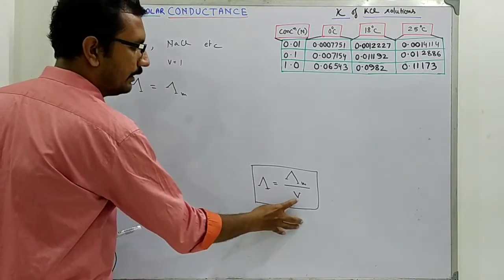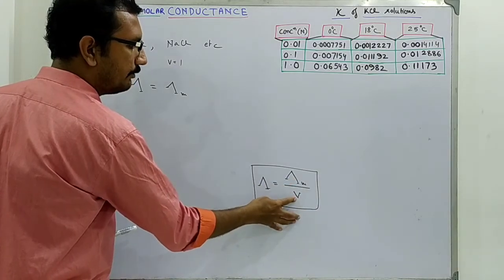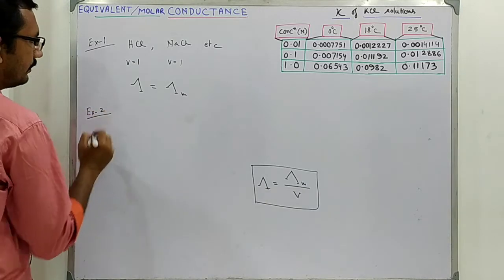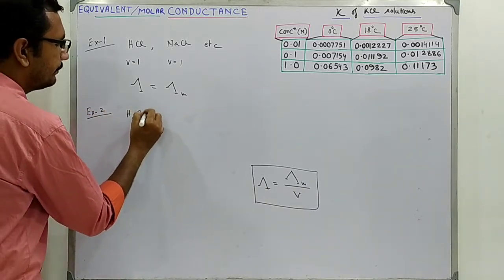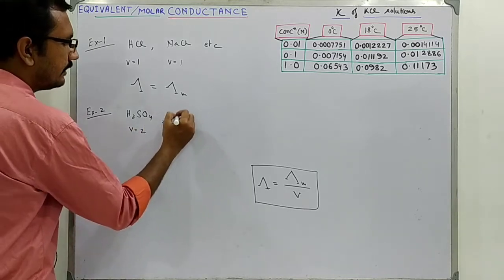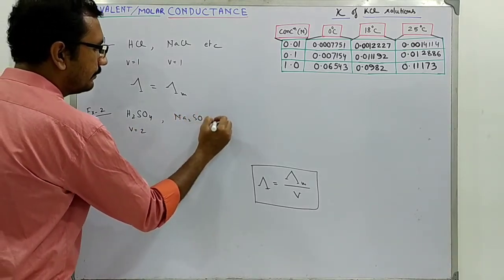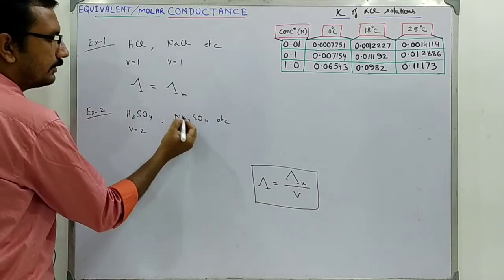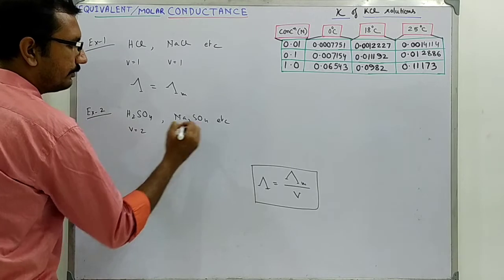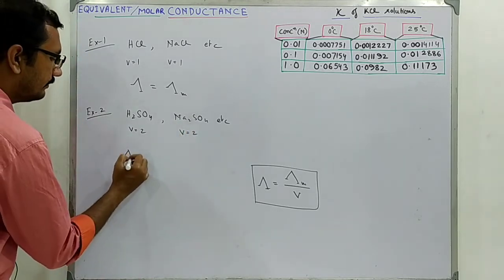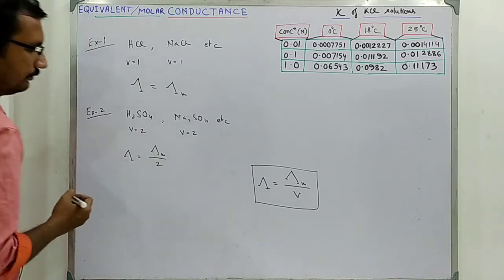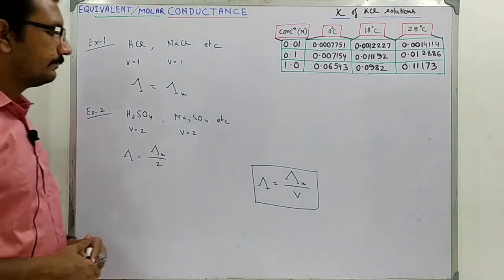So, we have this molar conductance divided by 1. Now, another set of example for say H2SO4, here the basicity is 2, so valence will be 2, say Na2SO4, etc. Here the total charge of the cation or total charge of the anion is 2, so valence equal to 2. In that case, lambda will be lambda m by 2. This will be the relation.